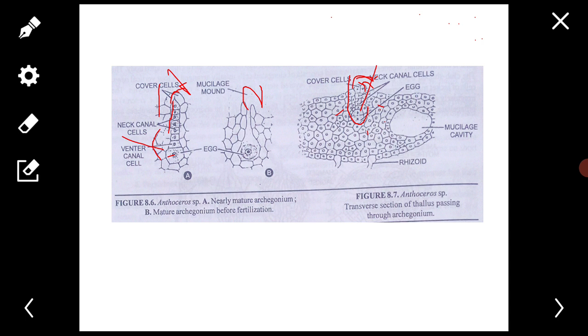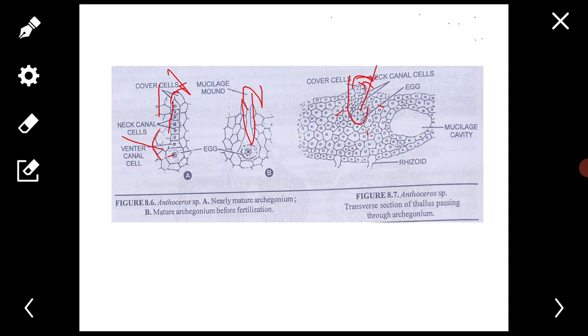The anthrozoids pass through the mucilage and enter the wide open canal of the archegonium. A single anthrozoid fuses with the egg to form a diploid zygote, and the gametophytic generation of this plant ends with the formation of the zygote.